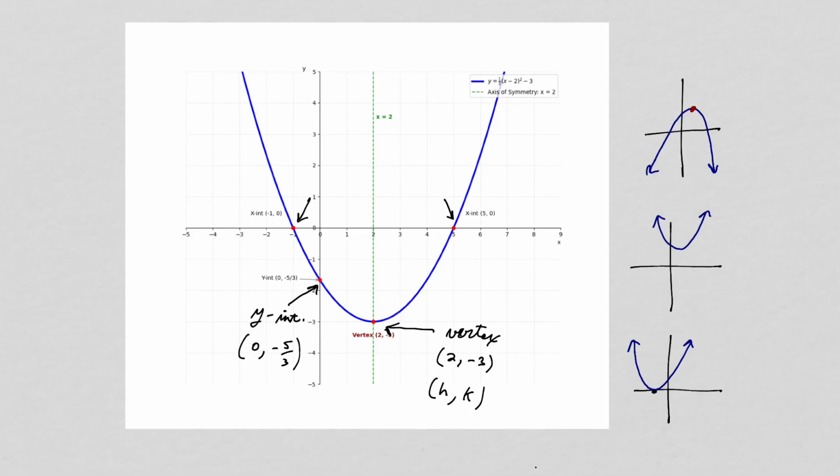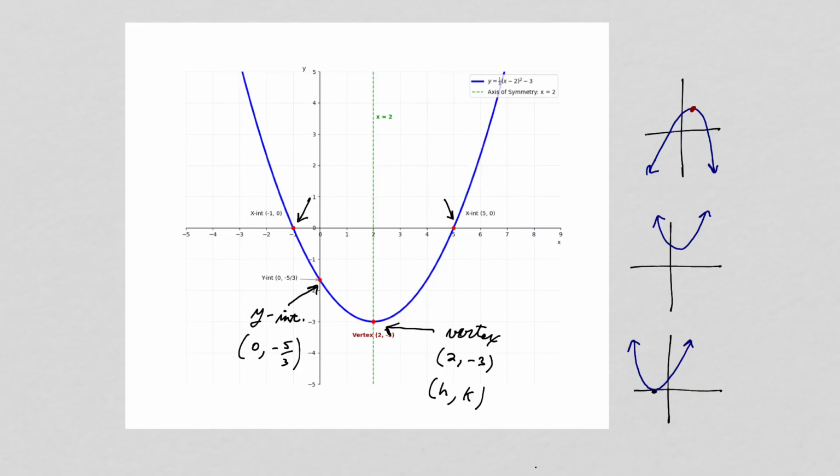And then there's also something called the axis of symmetry, right? So if you look at this green dashed line here, about this axis, this parabola is symmetrical, right? If you flip it about the axis, it'll look exactly the same. It's like a mirror image about the axis. And the equation, since it's a vertical line, is going to be x equals a constant.